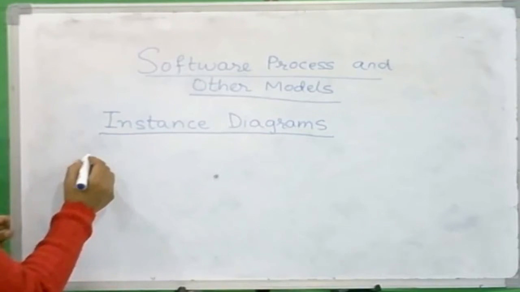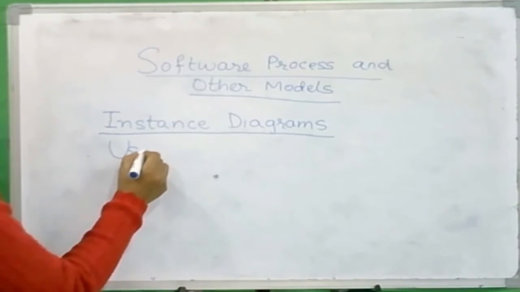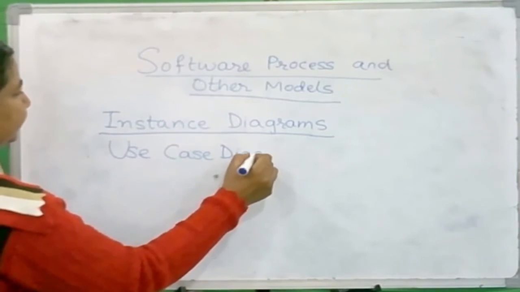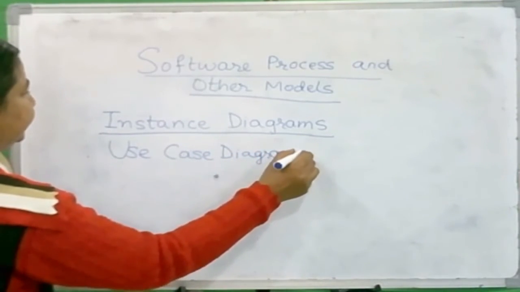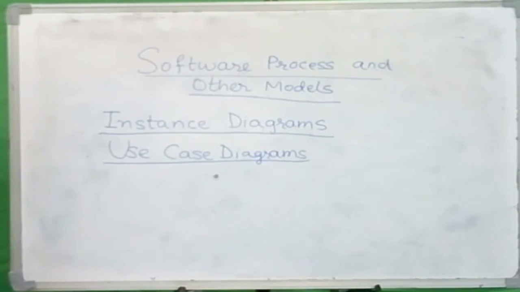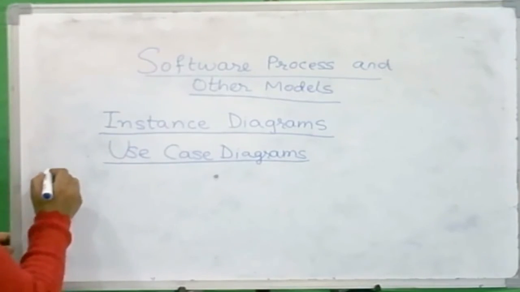Next type is use case diagrams. Use case diagram is a part of UML, that is Unified Modeling Language. It is containing a set of diagrams. It shows the important actors and the functionality of the system.